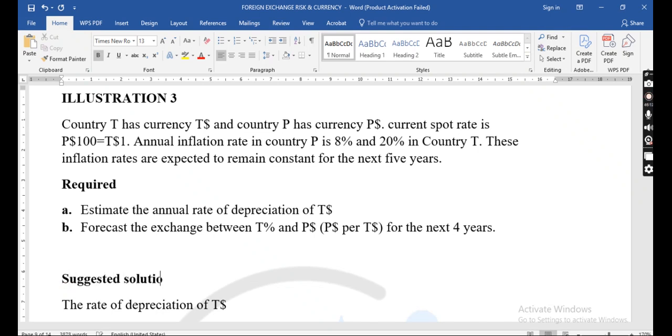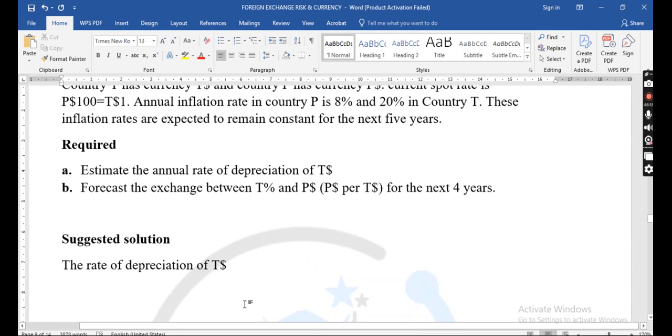Now, what is the formula for calculating depreciation of a currency? It's calculated as 1 plus I_D, which is the domestic inflation rate, right?